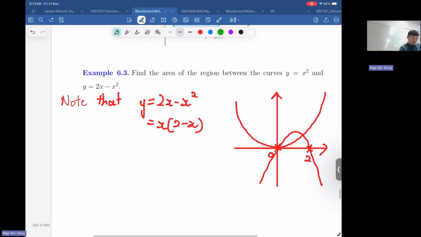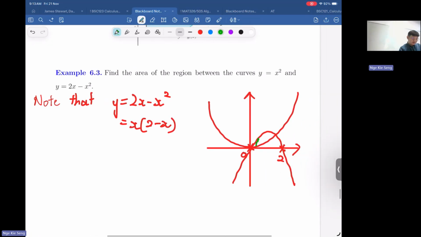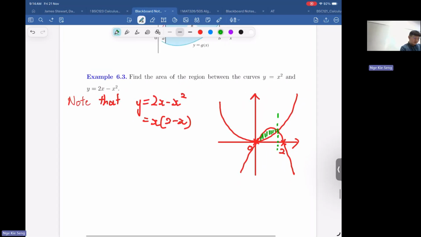Okay, so we are trying to find this bounded area. But there's some issue here, right? Do I know the intersection point yet? We only know one of them is 0. About the other one, what is it? To find it, we need to equate them first.